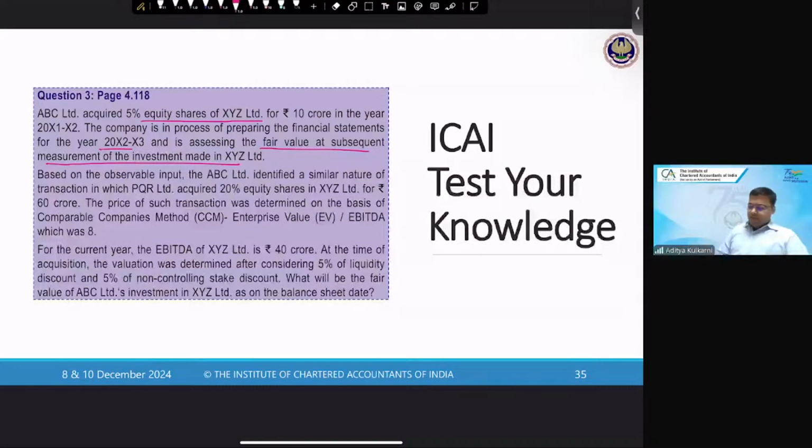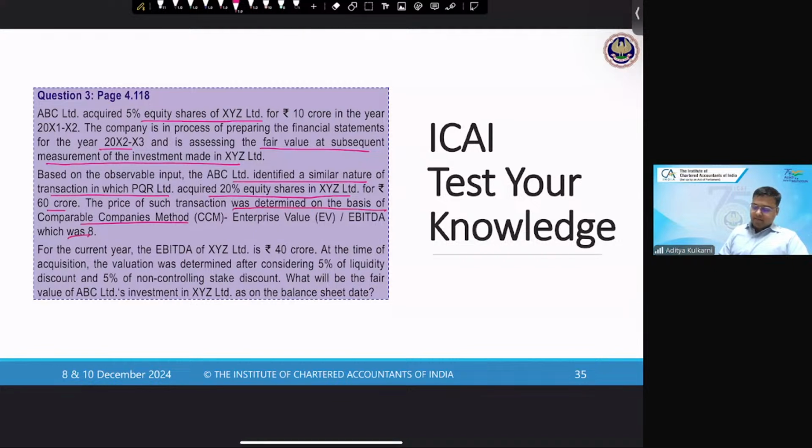Based on observable inputs, ABC Limited identified a similar nature of transaction in which PQR acquired 20% equity shares for rupees 60 crores. The price of such transaction was determined on the basis of comparable companies method, enterprise value by EBITDA, that is 8. This is a multiple.